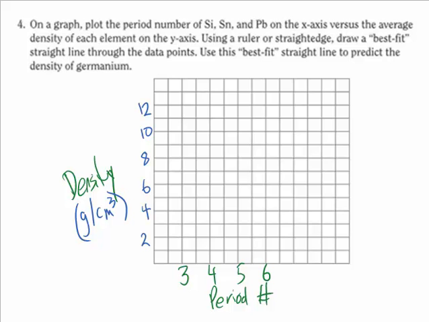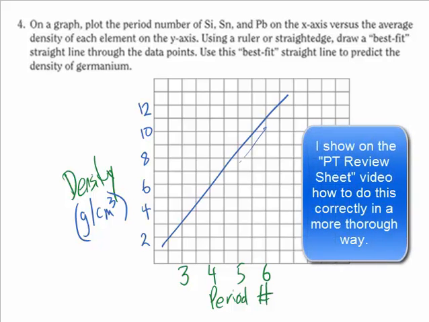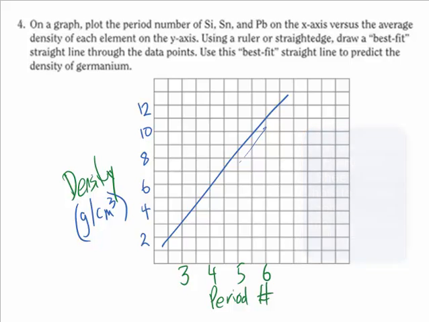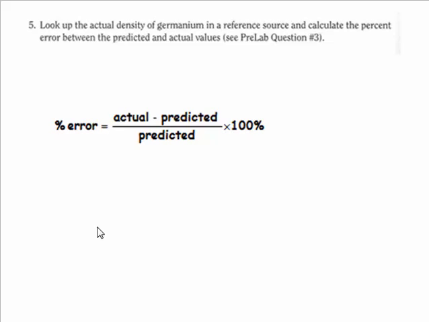If there are dots here, you would draw a straight line connecting those points in the best way possible, the best fit way, and you would see what the density was of the element in the 4th period by going up to that point and then across to the y-axis to get the density. That would be your predicted value, predicted for germanium, which is in the 4th period on the periodic table. Which leads us to our last question.